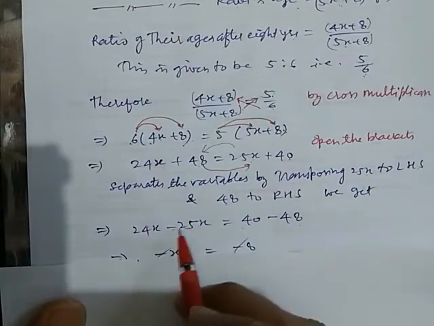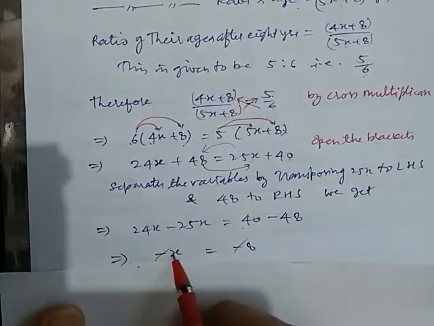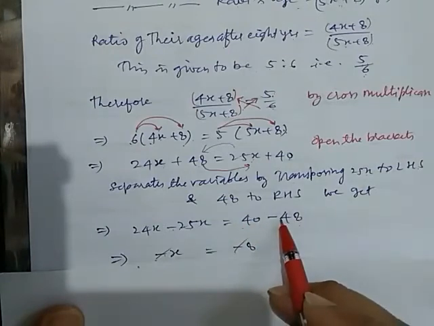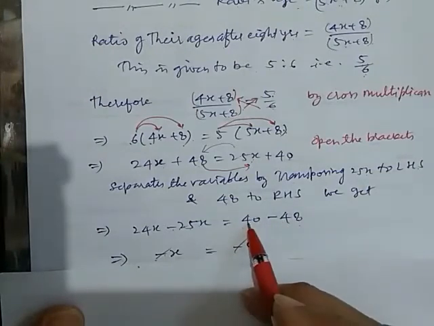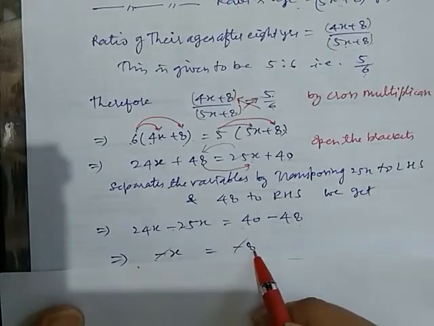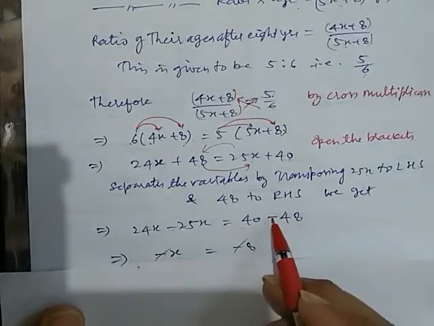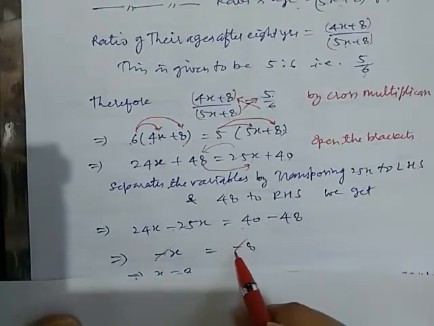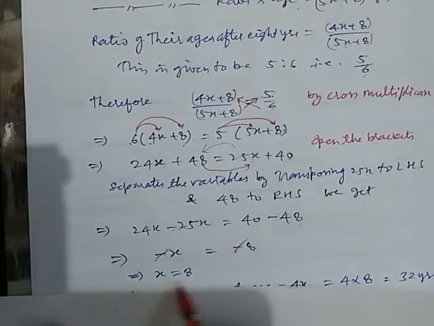After subtraction we get minus x because this is the bigger number. By subtracting 48 and 40 we get minus 8, because the bigger number has the negative sign. Now this negative cancels out with this negative and we get x equal to 8.